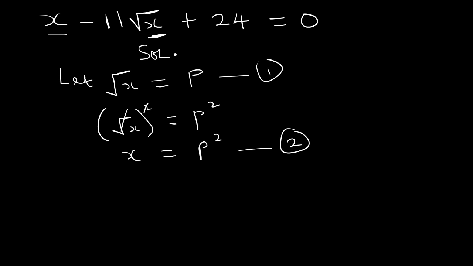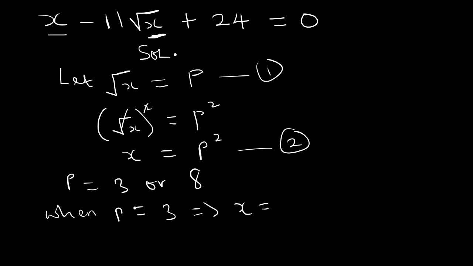So, if we go with equation 2, now we have that p is equal to 3 or 8. So when p is equal to 3, we have that x will be equal to p squared, which is equal to 3 squared, and that is equal to 9.